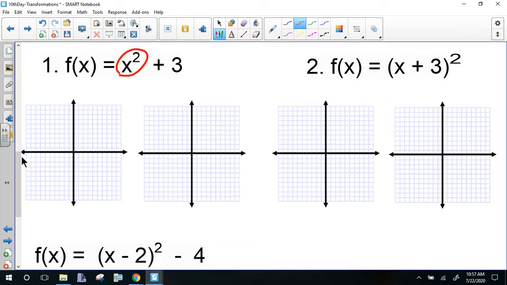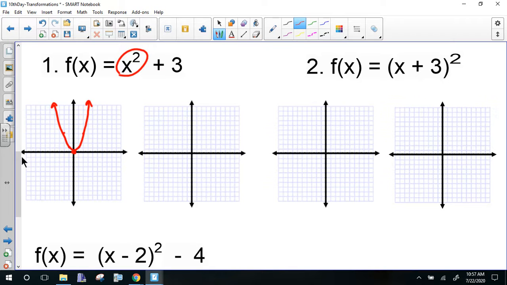If I graph x squared, I know that goes through 0, 0. If I plug in 1, I get 1. If I plug in negative 1, I get 1. If I plug in 2, I get 4. If I plug in negative 2, I get 4. So it looks something like this.